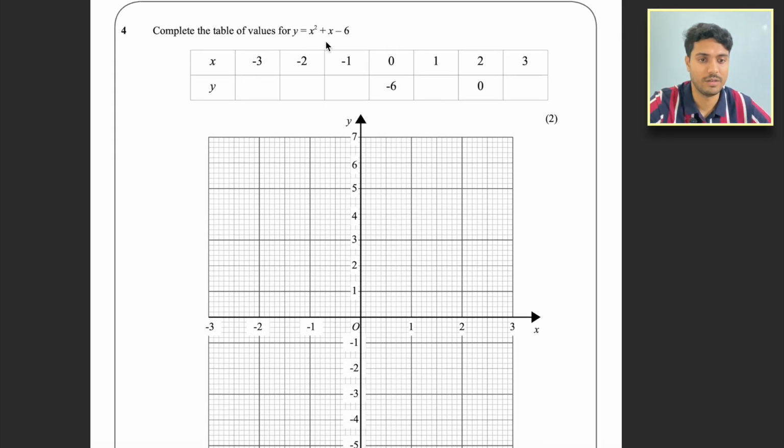It says complete the table of values for y equals to x square plus x minus 6. So what will be the value of y when x is negative 3? So negative 3 the whole square, negative 3, negative 6. The answer is 0. At negative 3 it is 0. At negative 2, let me check. At negative 2 it is negative 4.